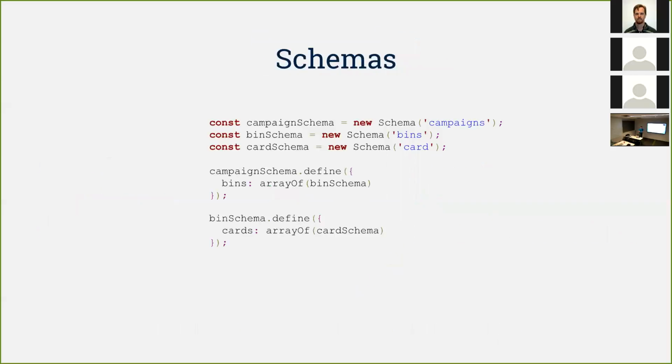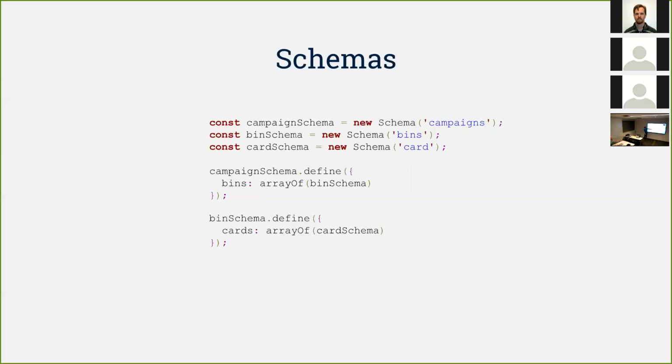They're very simple objects that just describe how your data is structured. So this is an abbreviated example, but not too much abbreviated. So all we have to do is tell Normalizr and Denormalizr that campaign has many bins. Campaigns have this property bins, which is an array of bins, which are defined here.